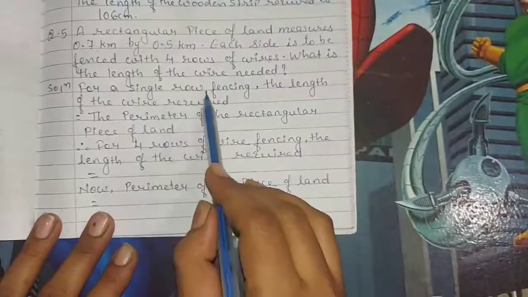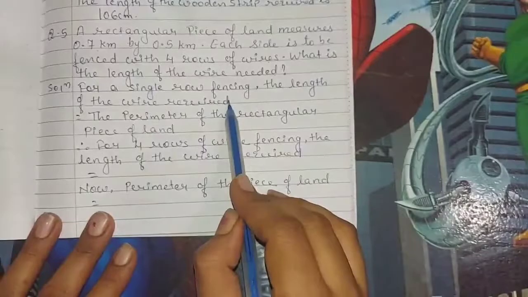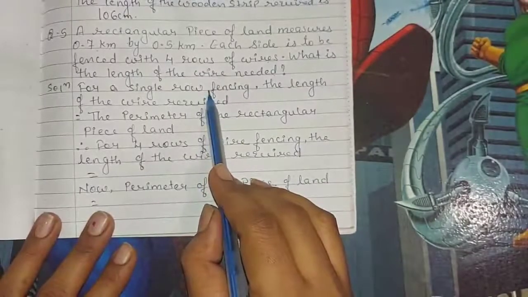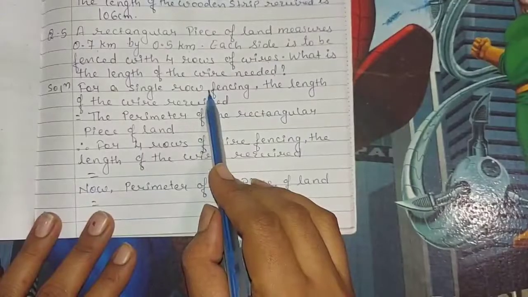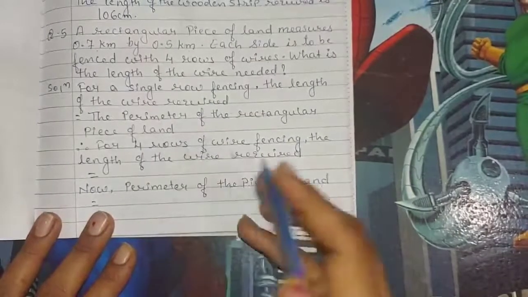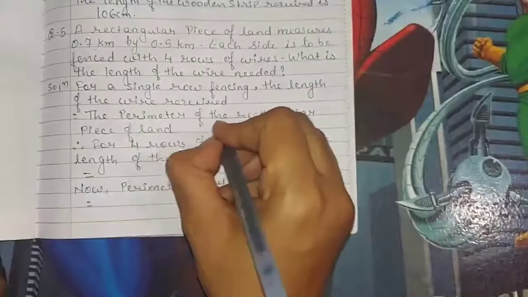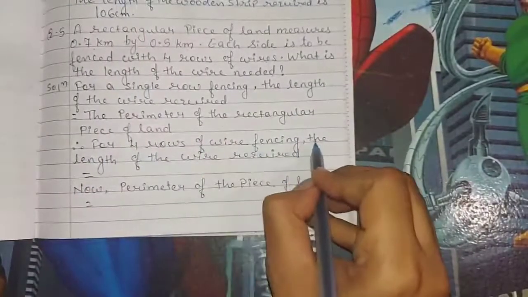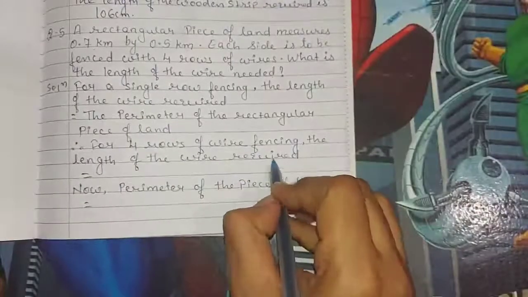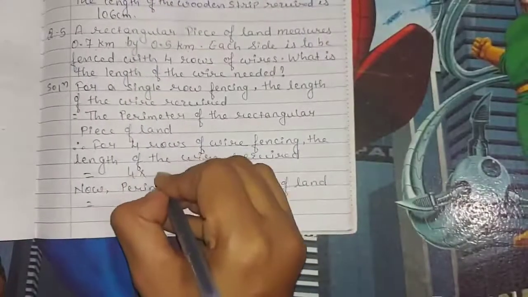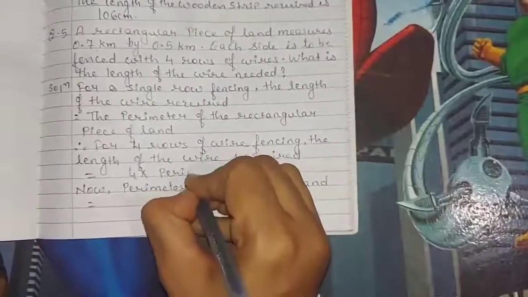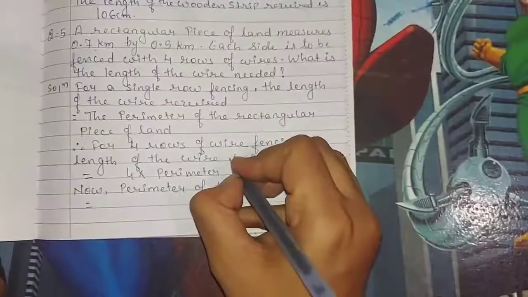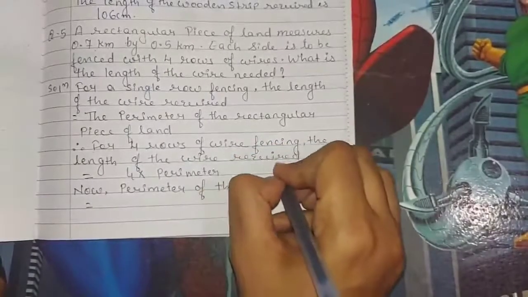For a single row of fencing, the length of the wire required. First of all, we will find the single row fencing length and then we will multiply by 4. So the perimeter of the rectangular piece of land is 2 into (length plus breadth). Therefore, for 4 rows of wire fencing, the length of the wire required is 4 multiplied by the perimeter of the land.